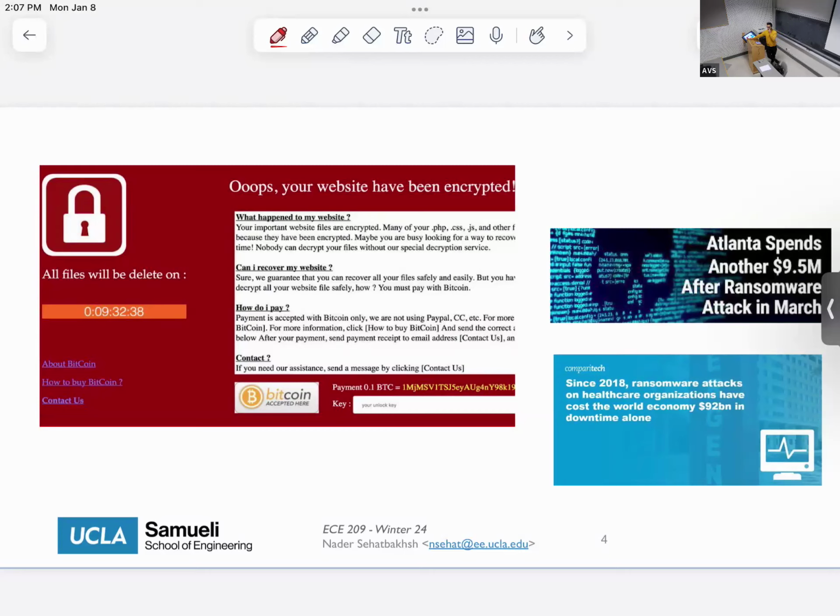What happened was this ransomware attack, which is a type of attack that encrypts the entire data memory in your system. They infected these devices, their databases of patients' data, which for hospitals is very important.